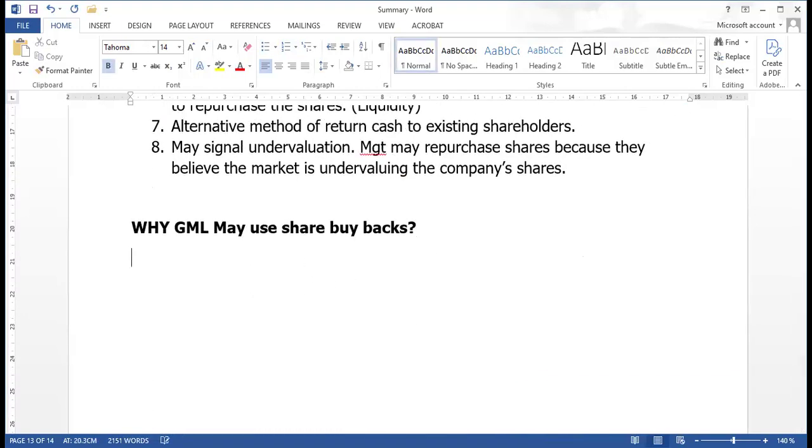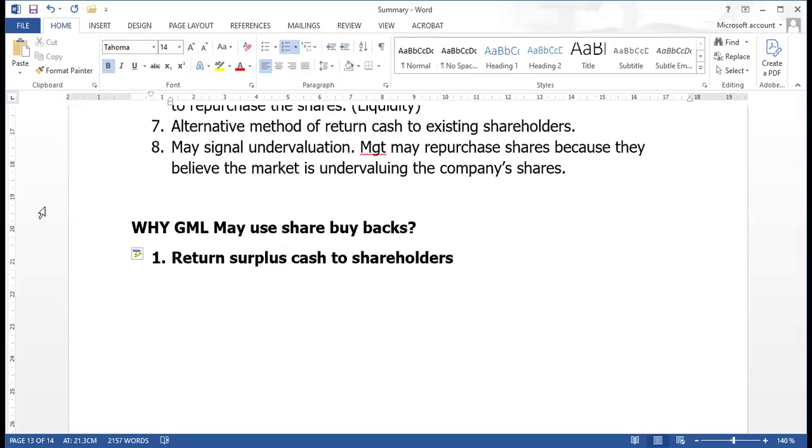Then why is it that we are deciding to return the surplus to the shareholders? Why do we need to return part of the money? It's another way of returning part of the money. You return the surplus cash, the excess cash, to shareholders.